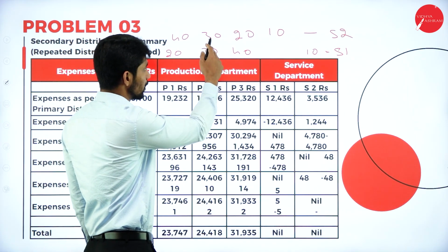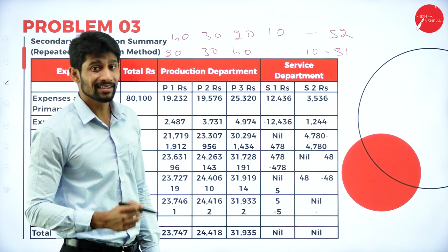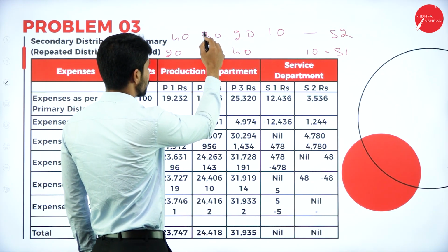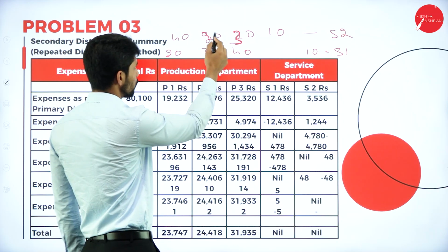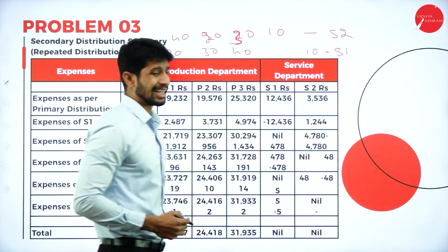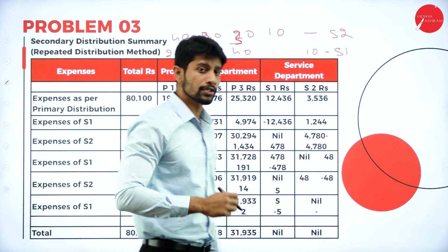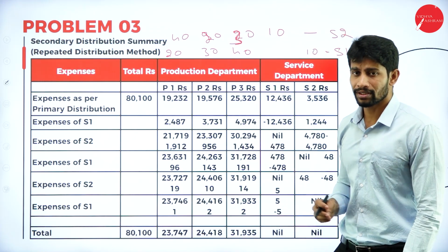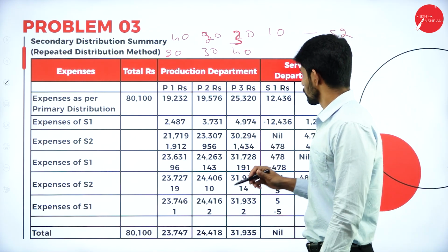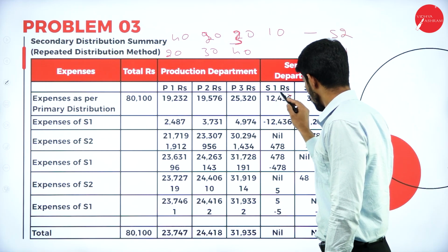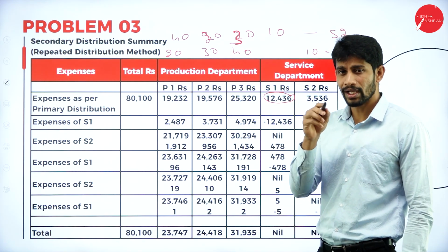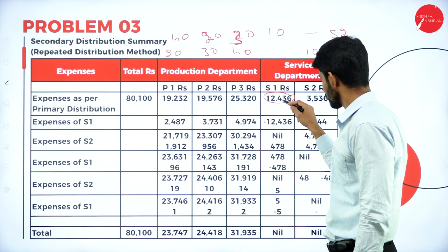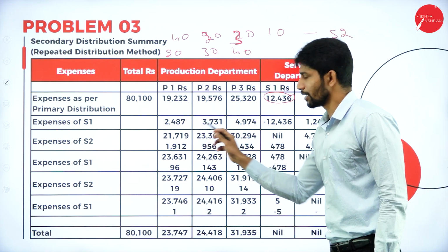So here it's not 30, it's 20, and here it is 30. 40, 20, 30 and 10 in S2. So how to distribute this? First we go with S1. What is the service department total we have? It is 12,436. We are supposed to distribute this 12,436 among other departments.